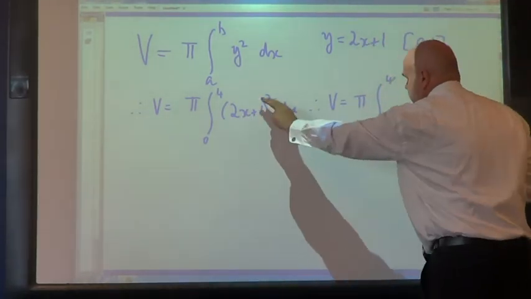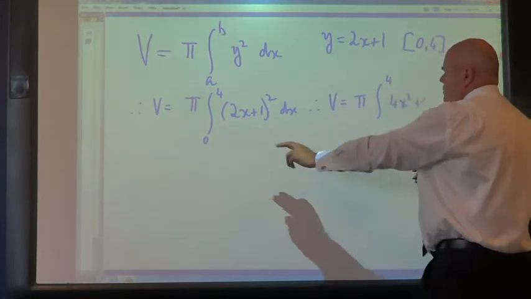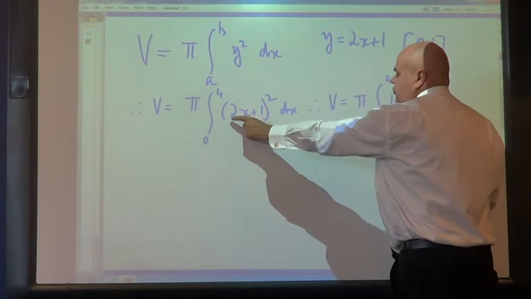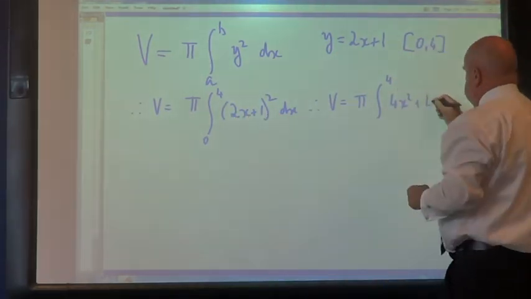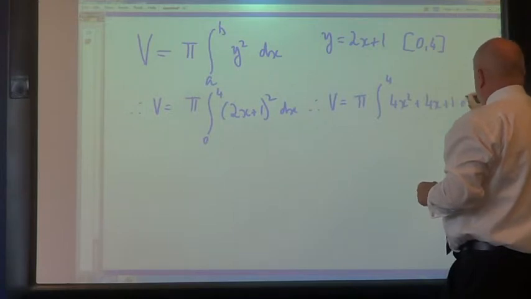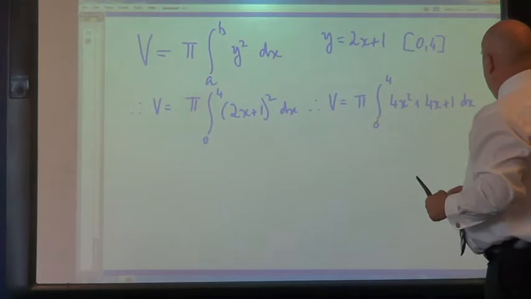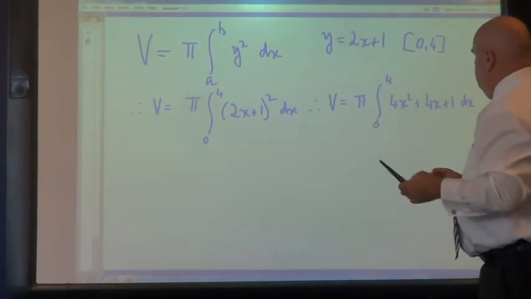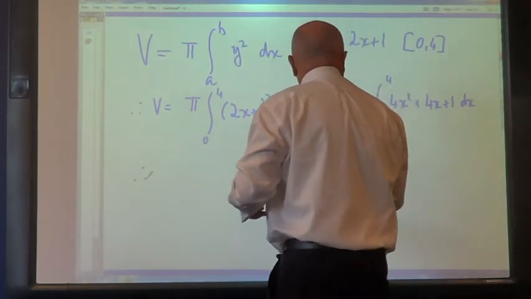It's a perfect square, so it's the first term squared, which is 4x squared, plus twice the product of the inside terms. 2 times 2 is 4, times 1 is still 4, so 4x, plus 1, dx. And that is what we're evaluating, gentlemen, a fairly basic or routine integral. So let's do the calculus.